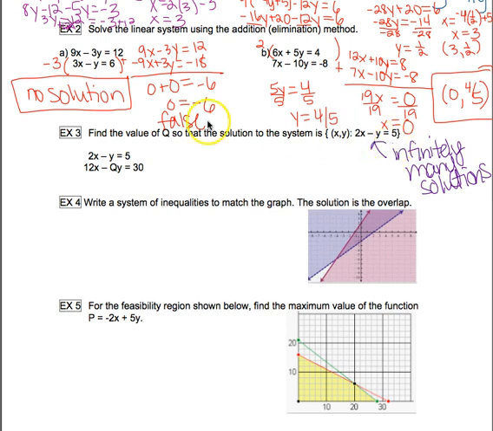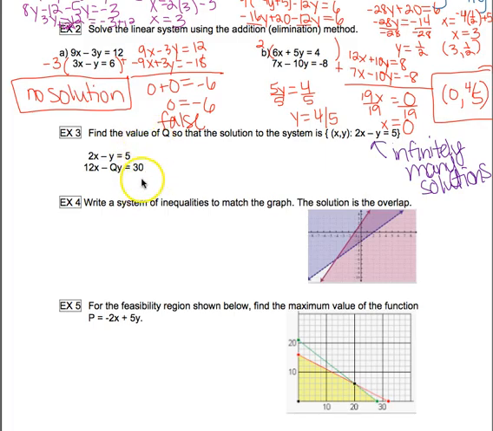Notice, so if I had gotten a true statement up here, like 0 equals 0, instead of writing infinitely many solutions, we might have written x comma y such that, and then picked one of these equations. 3x minus y equals 6 is how it would look.